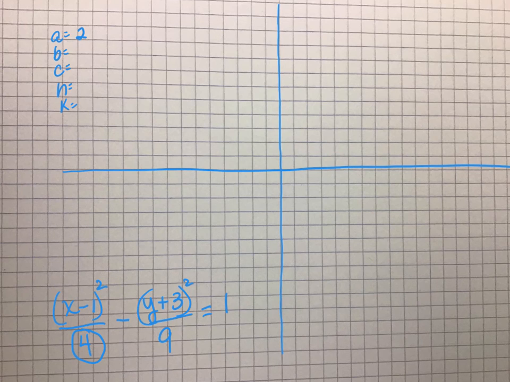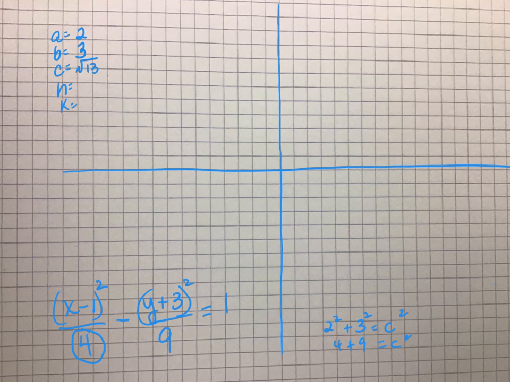And the b is the guy underneath the negative term, so b is 3. When we find c, a squared plus b squared equals c squared, so 4 plus 9 equals c squared. So c is the square root of 13. Everybody get that? You can make that into a decimal if you like when you start making your graph.